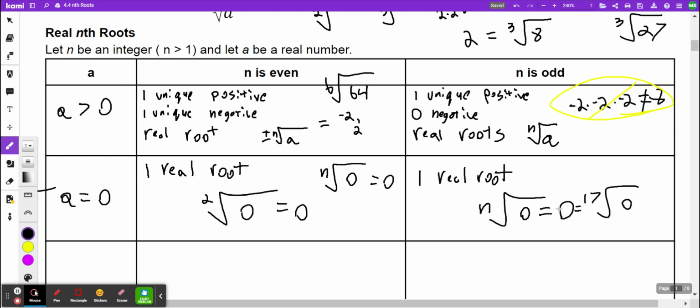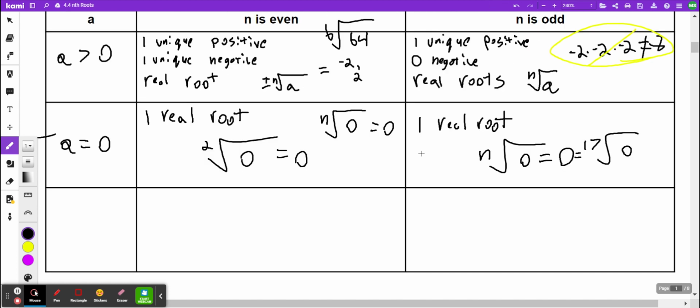All right, let's continue. So we did bigger than 0, we did equal to 0. Now we're going to do less than 0, a negative number. So if a is less than 0, then there's going to be 0 real roots for an even n.